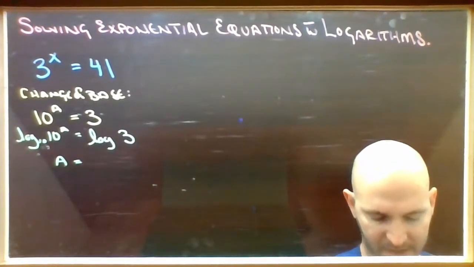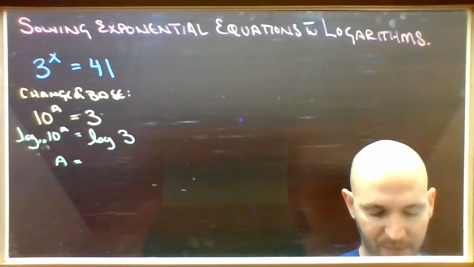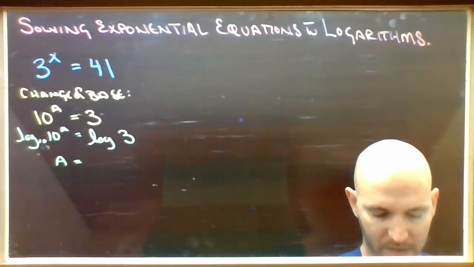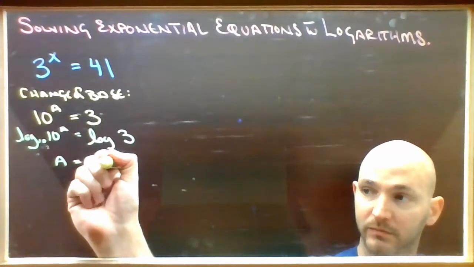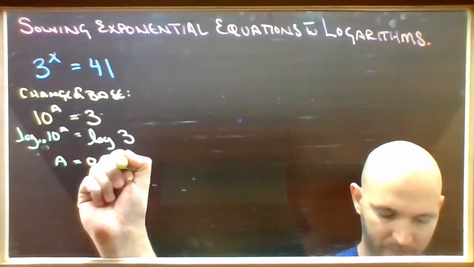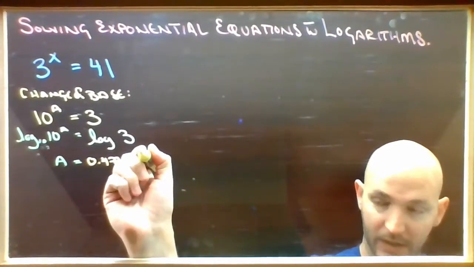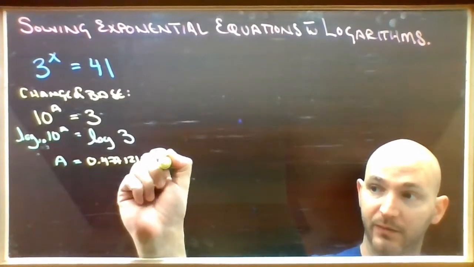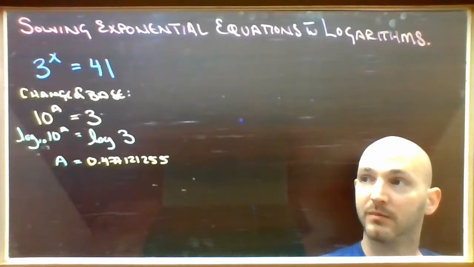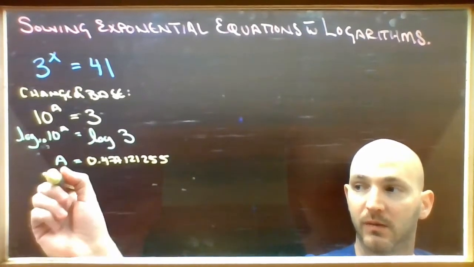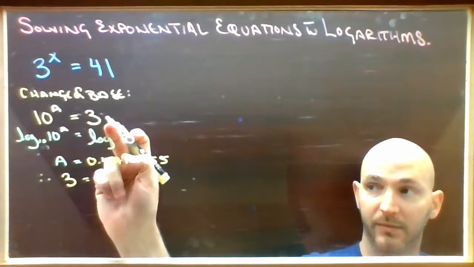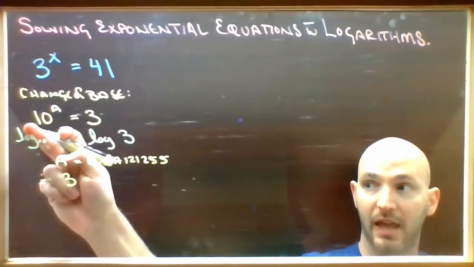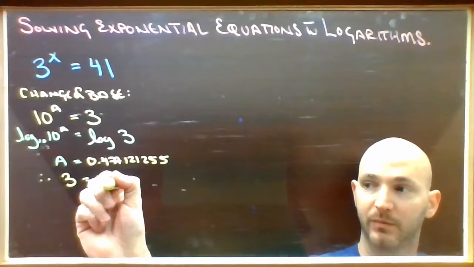Log base 10 on 10 undoes itself and leaves only the a behind. And log base 10 of 3 is 0.477121255. That's telling me that I can replace 3 with 10 to that exponent.